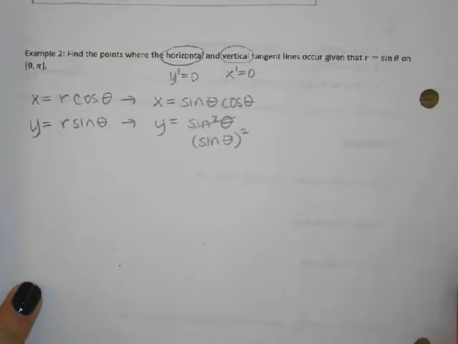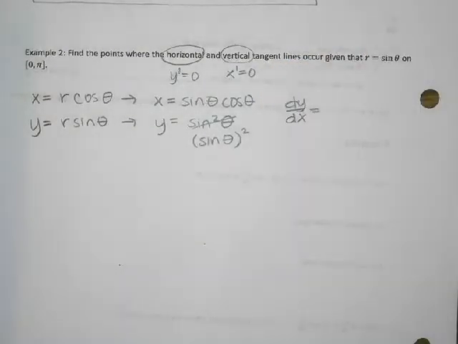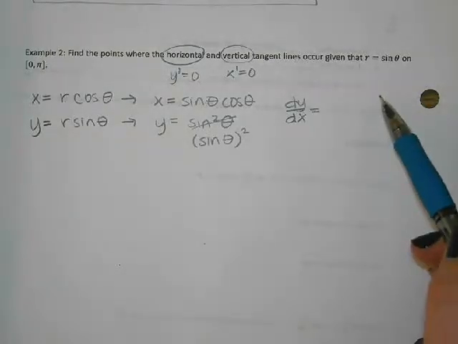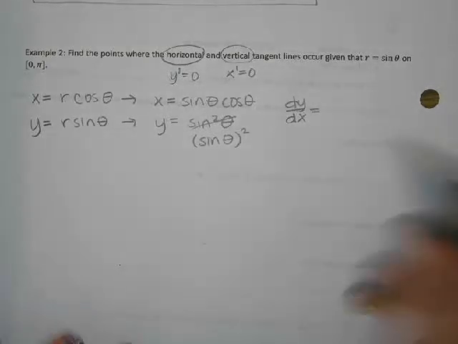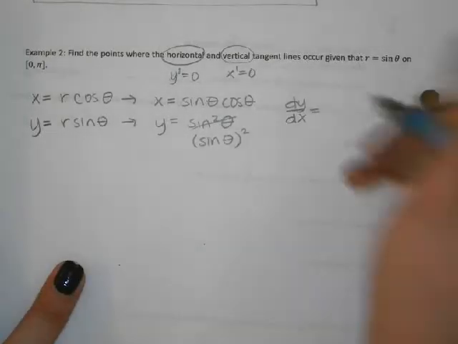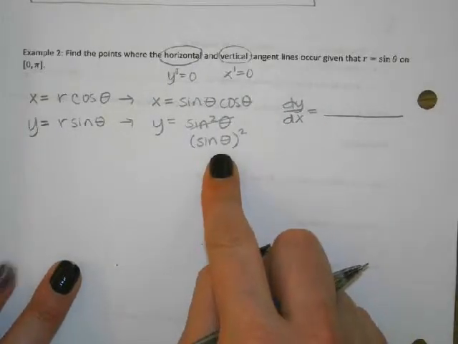Now, we don't have to write it as dy dx, but I'm going to do that because I want to keep remembering that the top of the fraction equaling 0 is what makes the slope 0, and the bottom of the fraction equaling 0 is what makes the slope undefined. So I want to understand where these things come from. For dy dx, I have the derivative of y on the top. So what's the derivative of y?